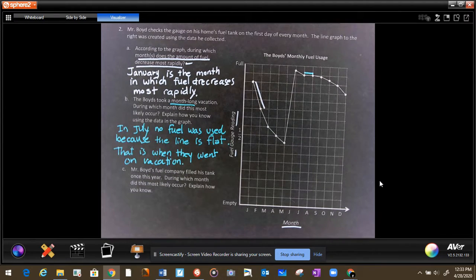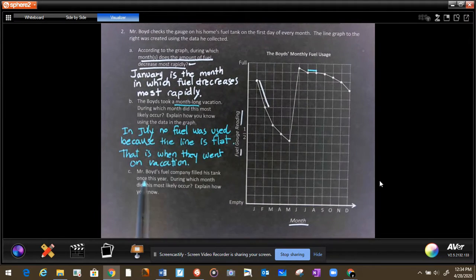All right, let's look at question number 3, which is C. Mr. Boyd's fuel company filled his tank once a year. During which month did this most likely occur? Explain. Again, let's look at the graph.